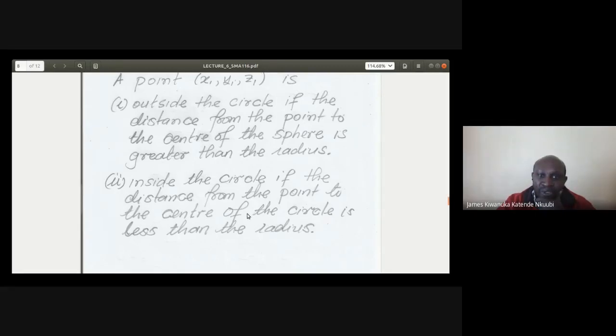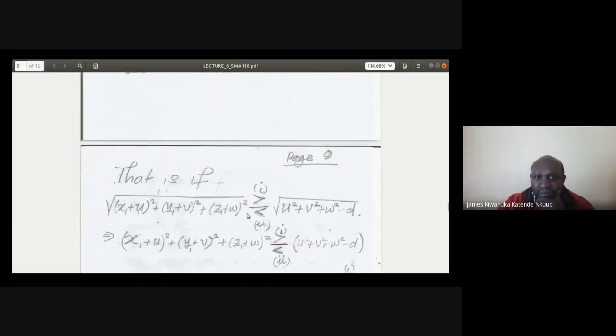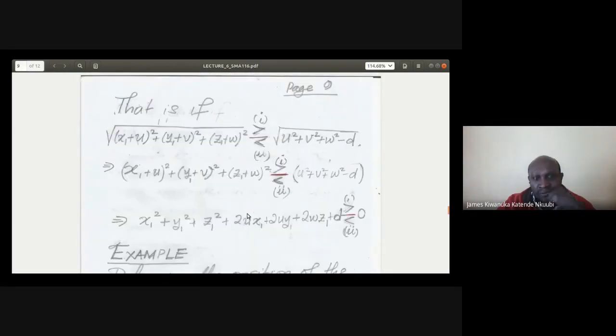So we can use this information to come up with some expressions. We know that the center is minus u, minus v, and minus w. So this is the distance from the point to the center, and this is the radius. I've combined the two. The top one shows that the distance is greater than the radius, and the second equation says the distance is less than.